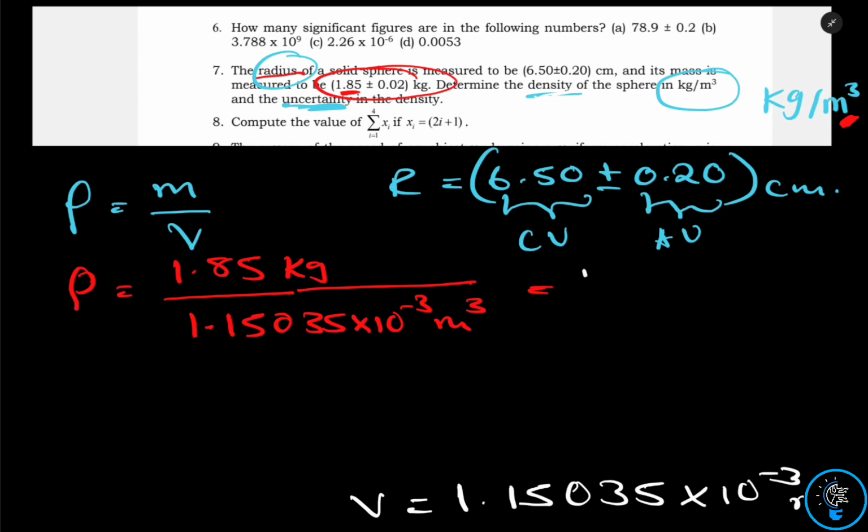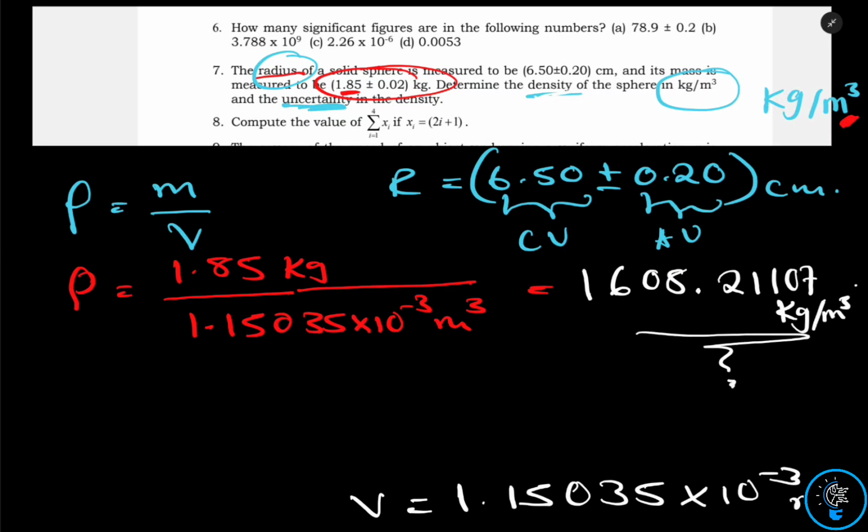Okay, you're going to get a value of 1608.21107 kg per meter cubed. Okay, let me write that at the bottom. You're saying kg per meter cubed as your density. So we are done with the first part of the question, which is determine the density of the sphere in that particular unit. Now let's do the last part, which is uncertainty in density.